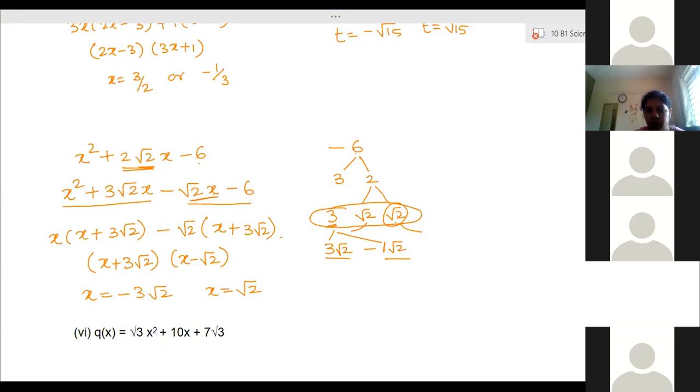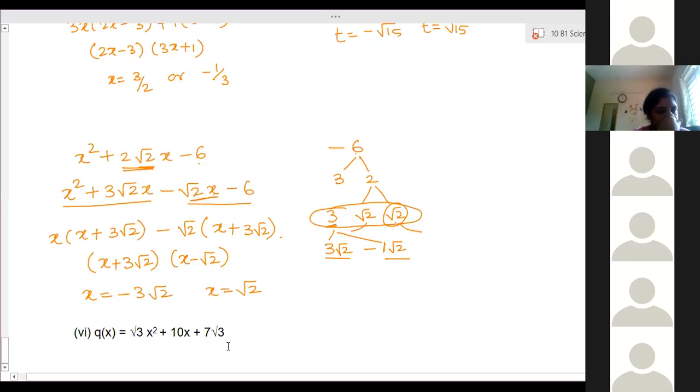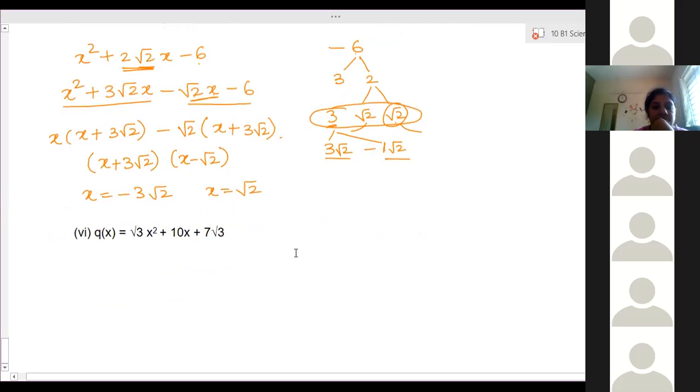Now you can try to solve all the questions. Ma'am, just one doubt. In question number 6, for the product of zeros I got minus 7, but C by A I got 7. It should be equal, right?